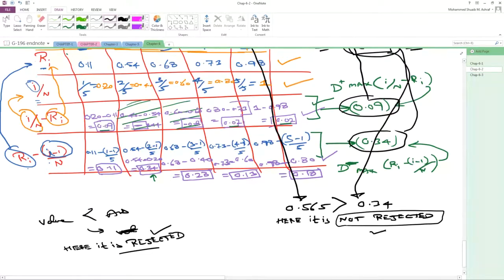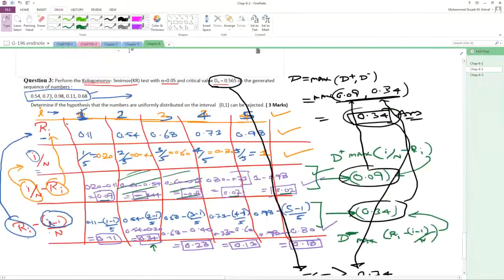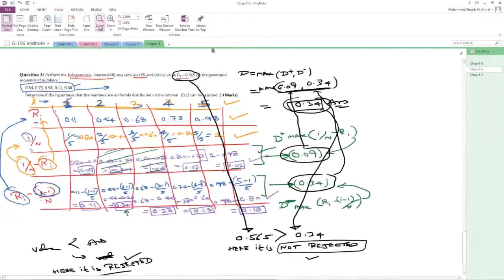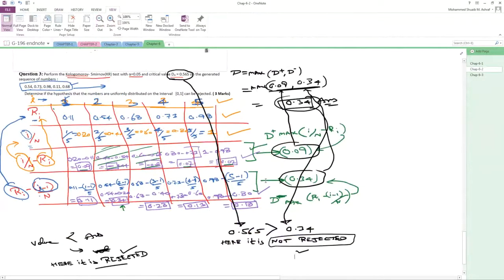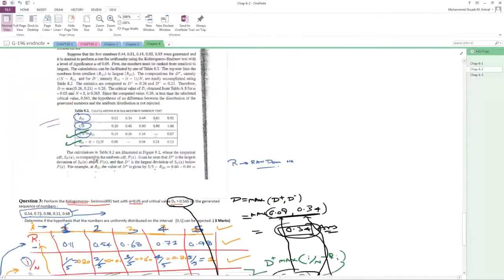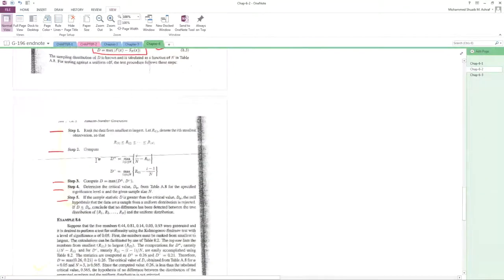If the answer is smaller, not rejected. Understand? Okay, so this is the kind of question you can get in the exam. So you have to do like this. Now you will see the steps.